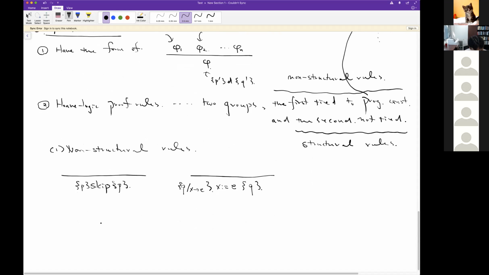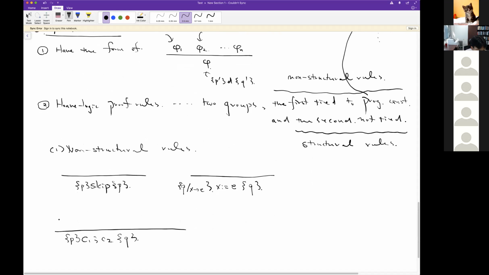And then the third rule is called the rule of sequential composition. Suppose we want to prove that the sequential composition C1 C2 satisfies precondition P and postcondition Q. What should we do?